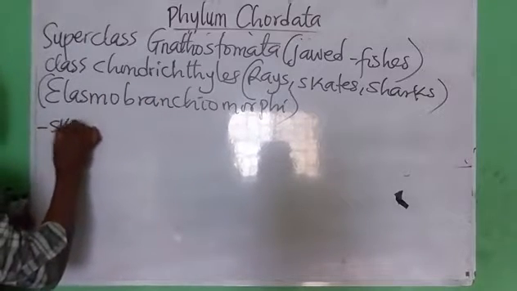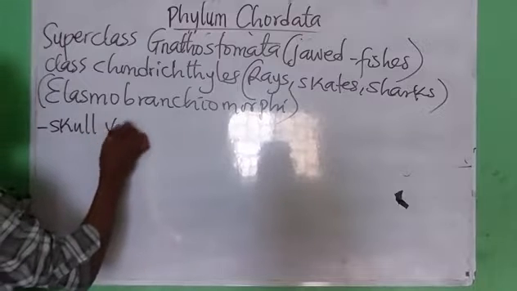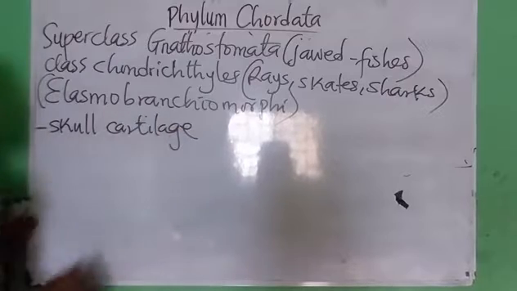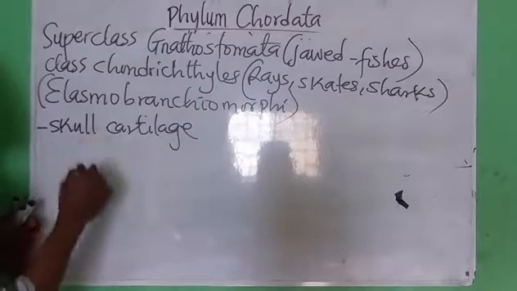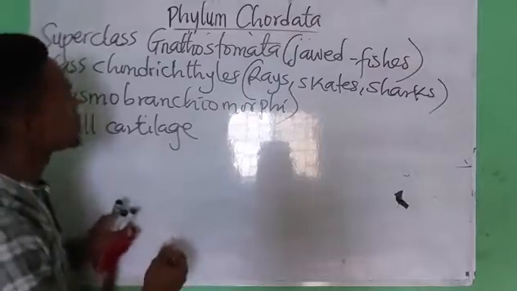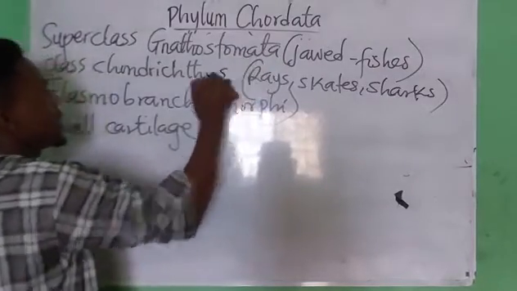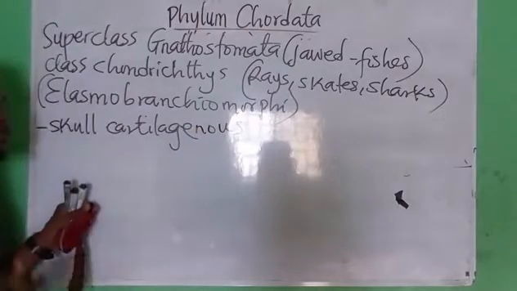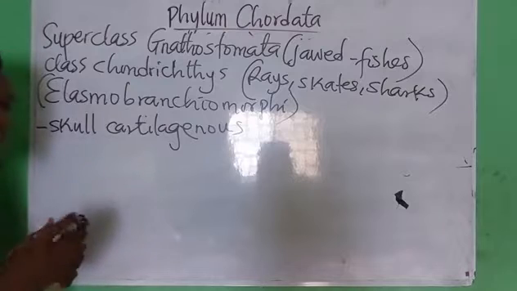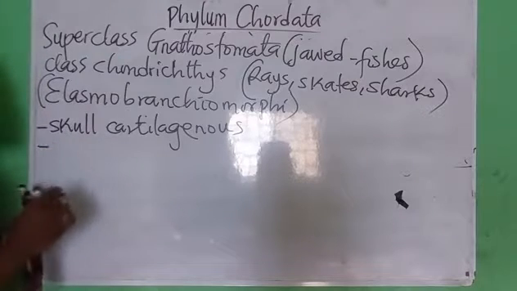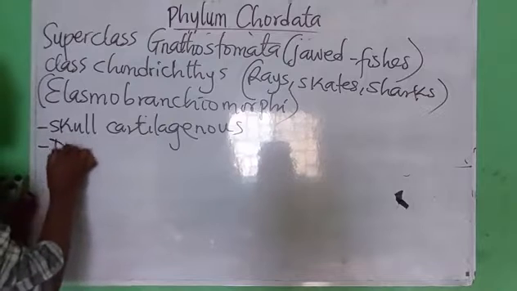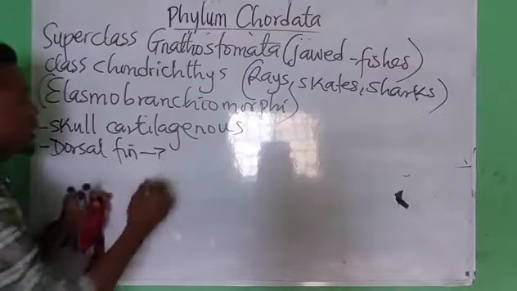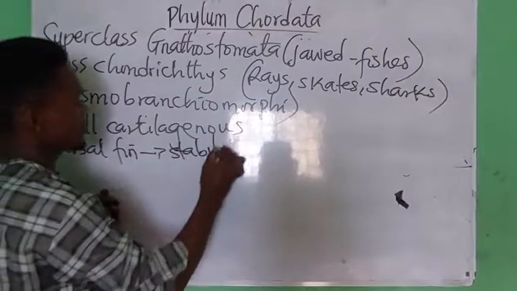One, their skull is made up of what? It's made up of cartilage. Their skull is made up of what? Cartilage and not bone. They are called cartilaginous fishes because their skull is cartilaginous in nature and not bony. Another feature these guys also possess is that they have dorsal fin. The dorsal fin possessed by this guy is meant for what? Stability.